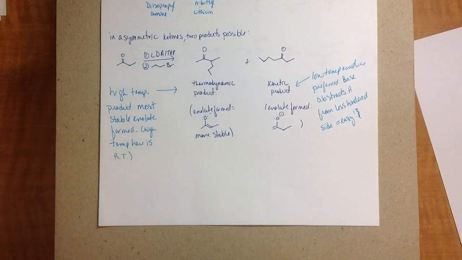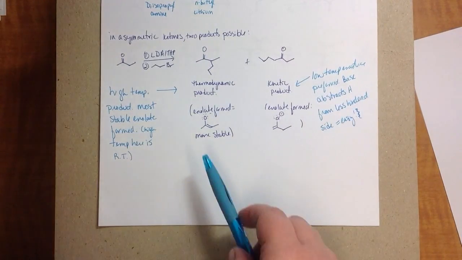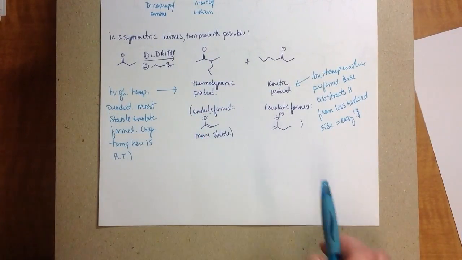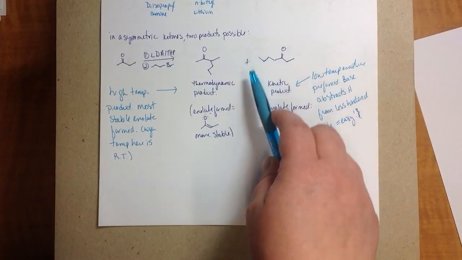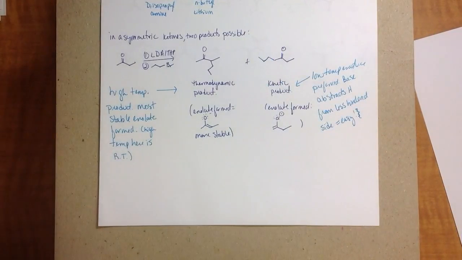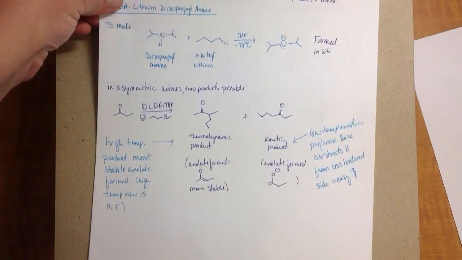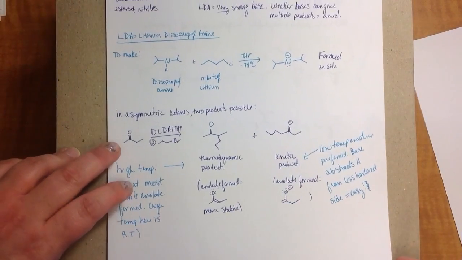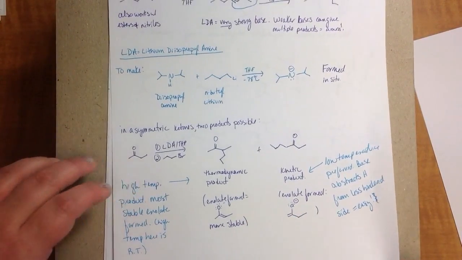Okay, so at higher temperatures, and at this point we're talking about room temperature as being a higher temperature, you'll get the thermodynamic product. Otherwise, you'll end up getting the kinetic product if it's run at really cold temperatures. So as you see, we're starting at negative 78. Just keep it that way if you want to end up getting the kinetic product usually. Okay.